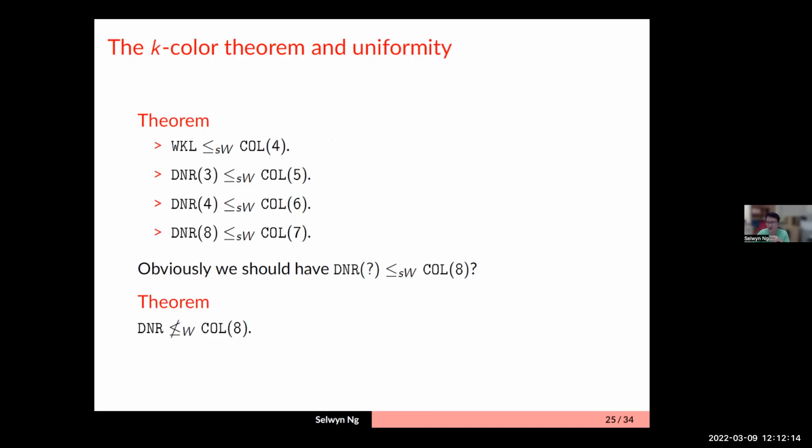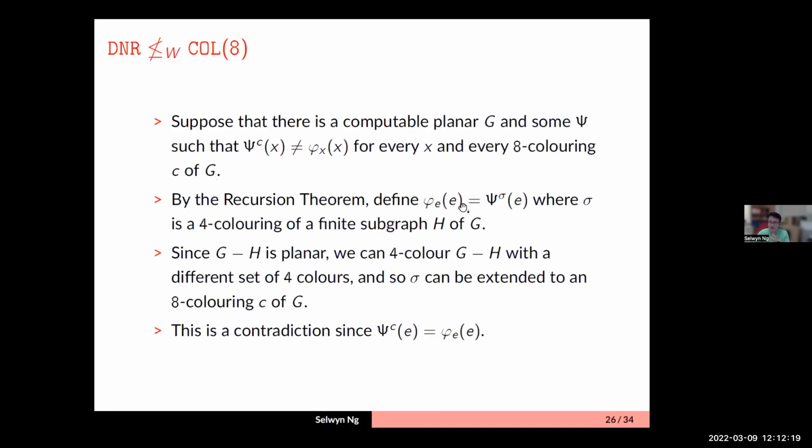That allows you to do some kind of an extension whereby you apply the 4-color theorem to color the original finite subgraph, and then for the rest of the graph, you can just use a different set of 4 colors. So that's why for 8 colors, you cannot use the same trick as from before.